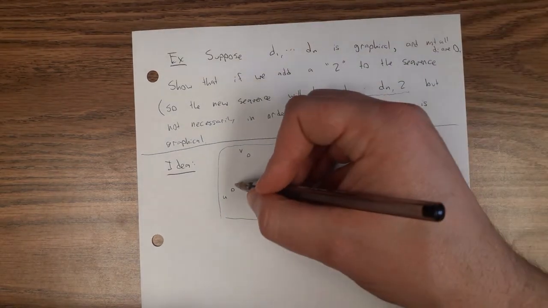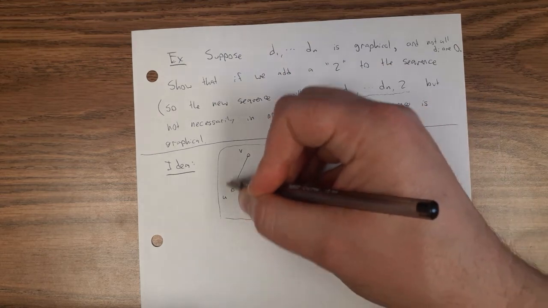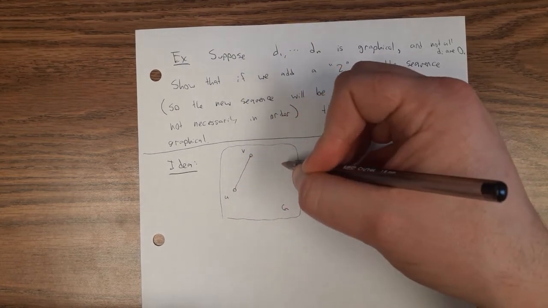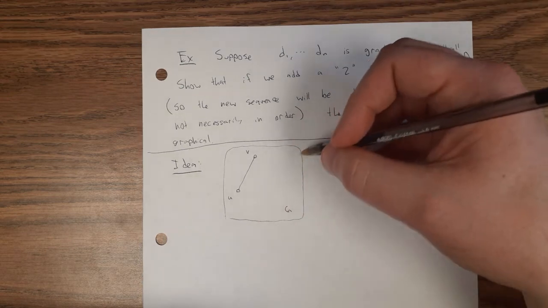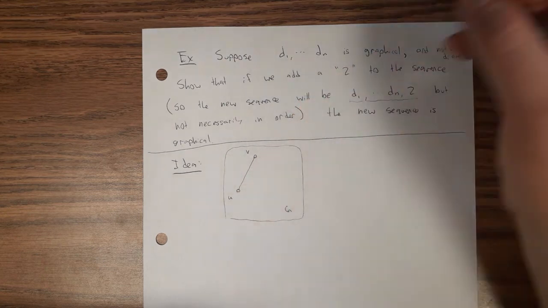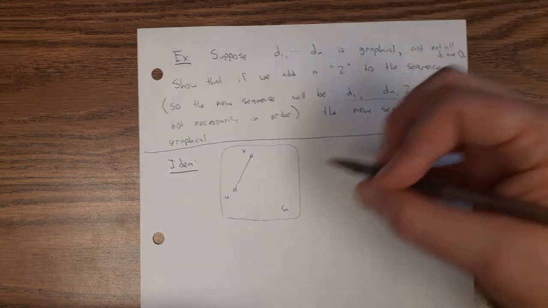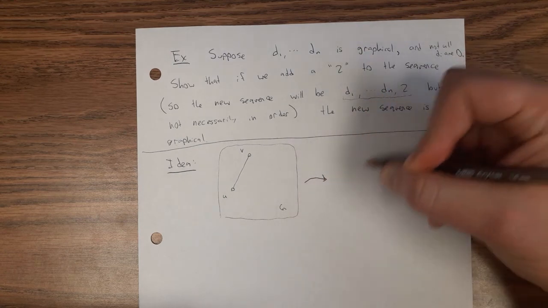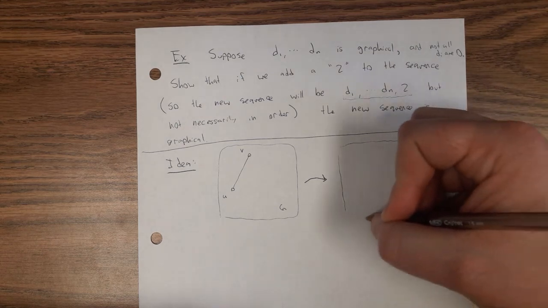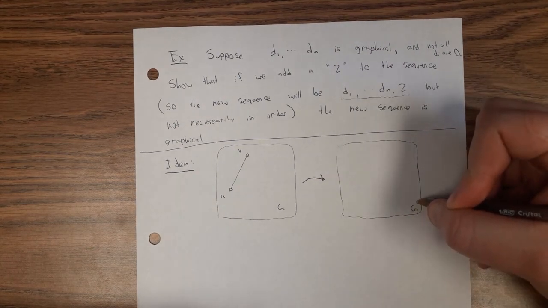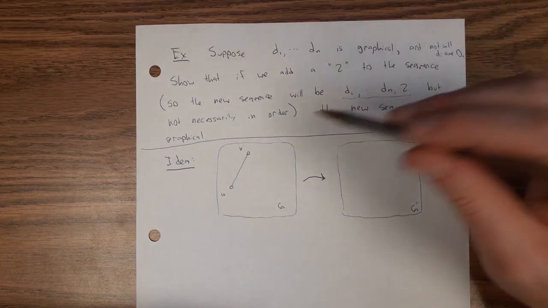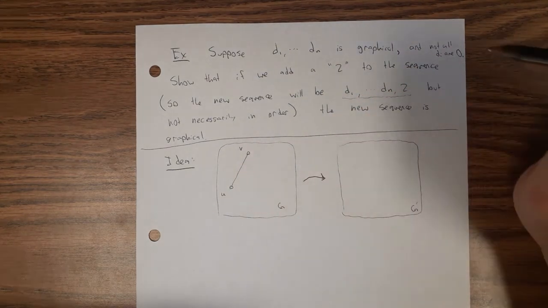I can take, say, a graph, and I'll take an edge in the graph, and this graph probably has more stuff going on that I'm not drawing in the picture. There are more vertices and more edges. I just want to focus on this one edge. How can I take that and make a new graph, G prime, that has the same degree sequence but with an extra 2 in there?